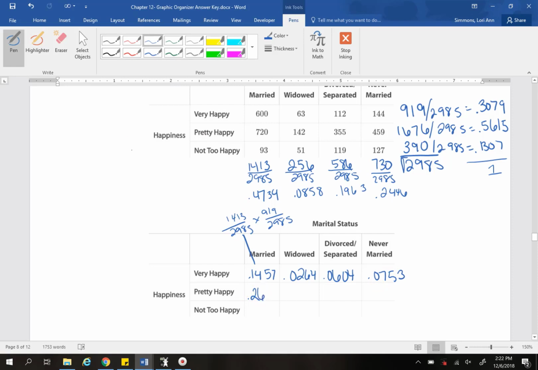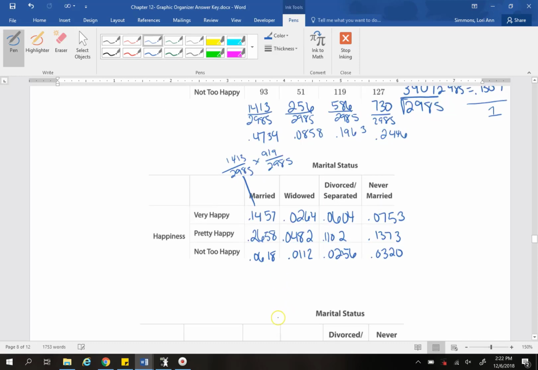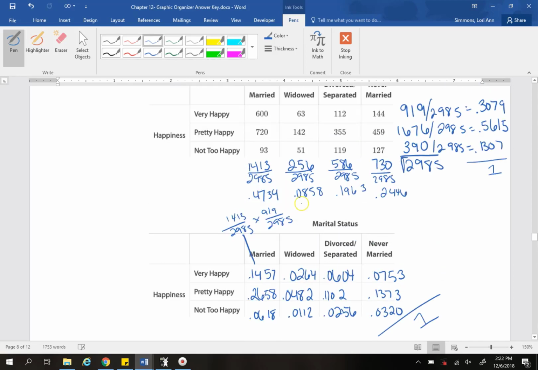I think you get the idea of how we're doing this now. Now if you add all those up, you should get 1. And if you added these up for your columns, that would have added up to 1 or close to 1.